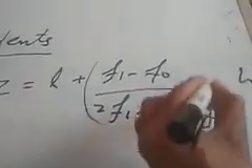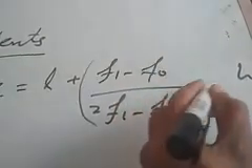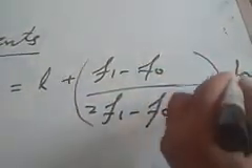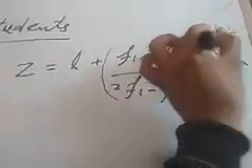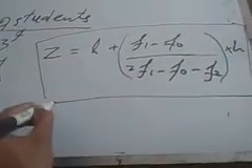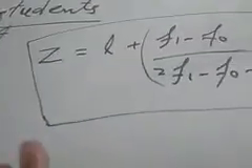So mode is L plus (f1 minus f0) divided by (2f1 minus f0 minus f2), into h. This is the formula for calculating mode in case of continuous series. Remember this, but I will explain this formula, what L is, what f1, f2, f0 is, and h.